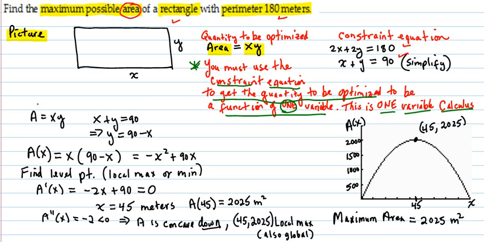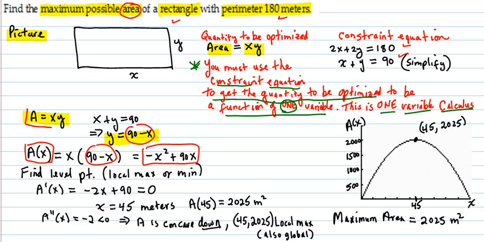Alright, so come over to here. Area equals x times y, but solving for y equals 90 minus x. Substitute that in, the 90 minus x for y right there, and you get the area as a function of x.